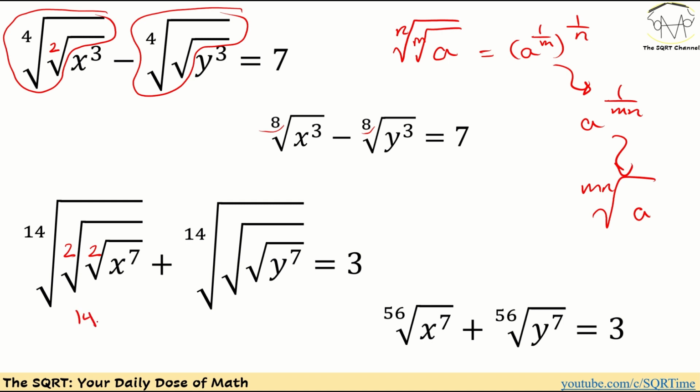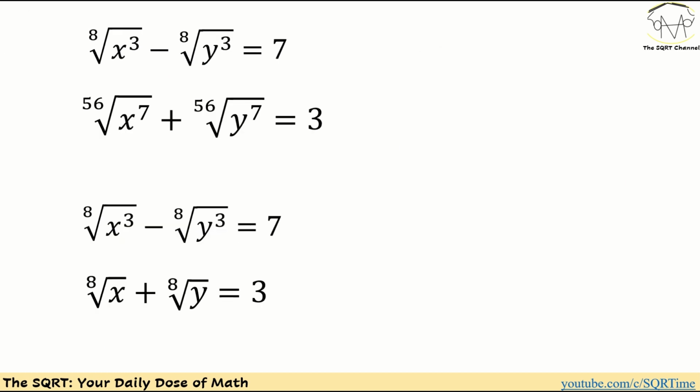We are going to say that 14 times 2 times 2 is going to be 56, so we are going to use 56 here. Everything else is going to be the same. Remember, we have negative here and positive here, so we are going to just use those as is. Now we reach these two equations, and we are going to simplify them a little bit further.